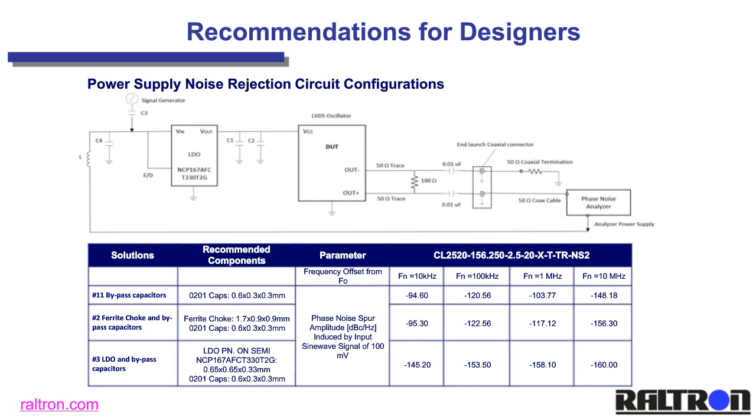Here we're talking about a balancing act between optimum power supply noise rejection and the size of the circuit. In particular, as I said earlier, for a small transceiver, the number of components and the size of the components used next to the oscillator is critical.